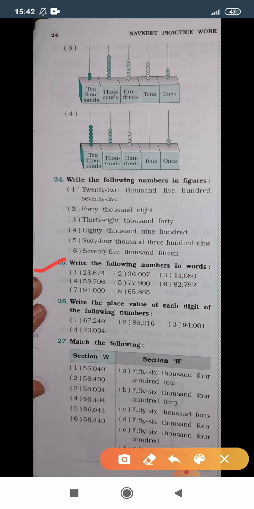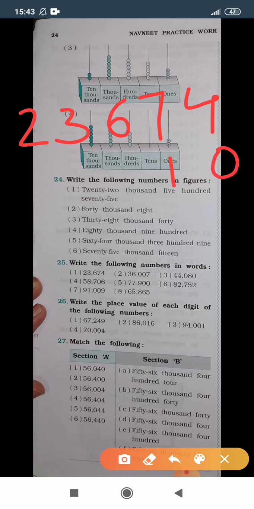Let's see question number 25. Write the following numbers in words. Now you need to write these numbers in words. For that you need to understand the place value of the numbers. So first we'll start with the number 1, 2, 3, 6, 7, 4. 4 is on ones place, 7 is on tens place, 6 is on 100 place, 3 is on 1000 place, and this 2 is on 10,000 place.